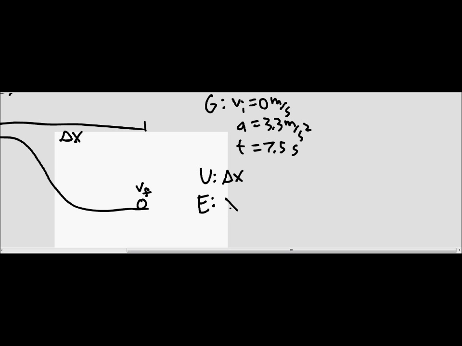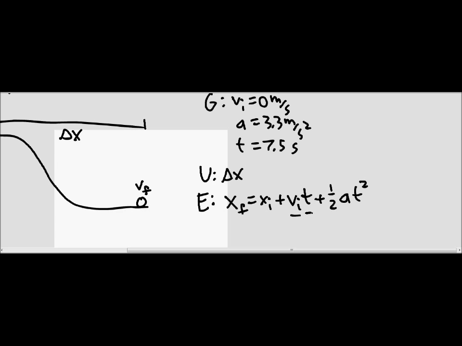So in this case it's going to be x final is equal to x initial plus the initial velocity times time plus 1/2 of the acceleration times time squared. Alrighty, now we know we have that number, that number, that number, and that number.